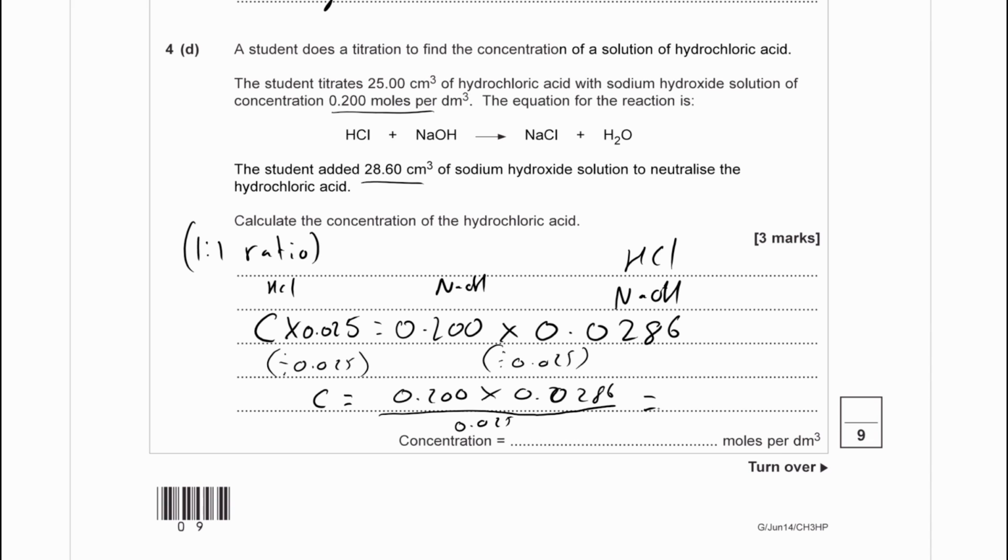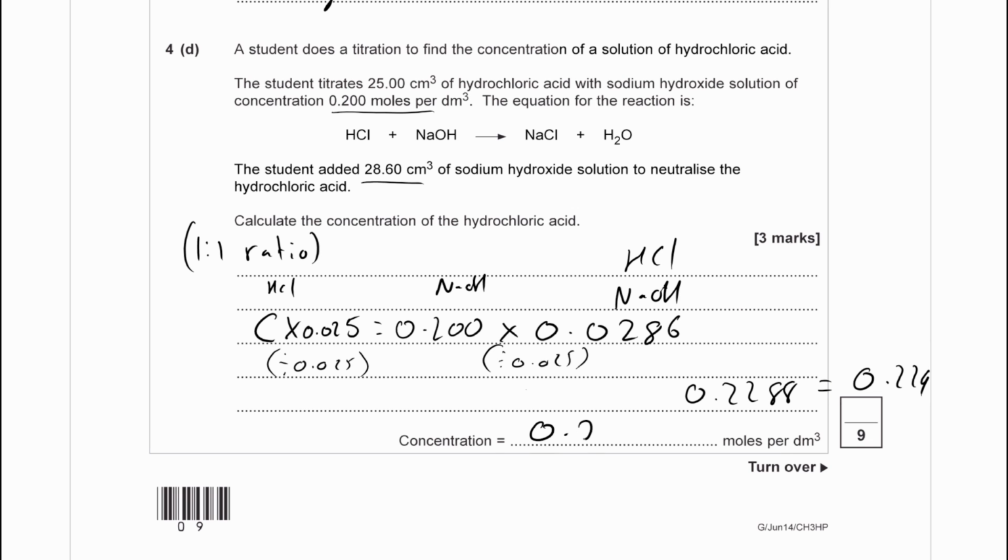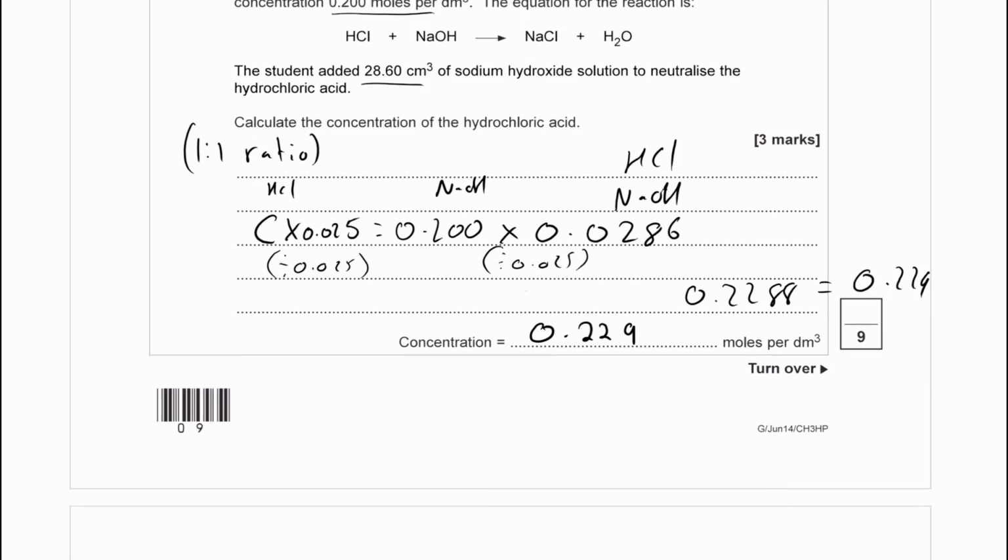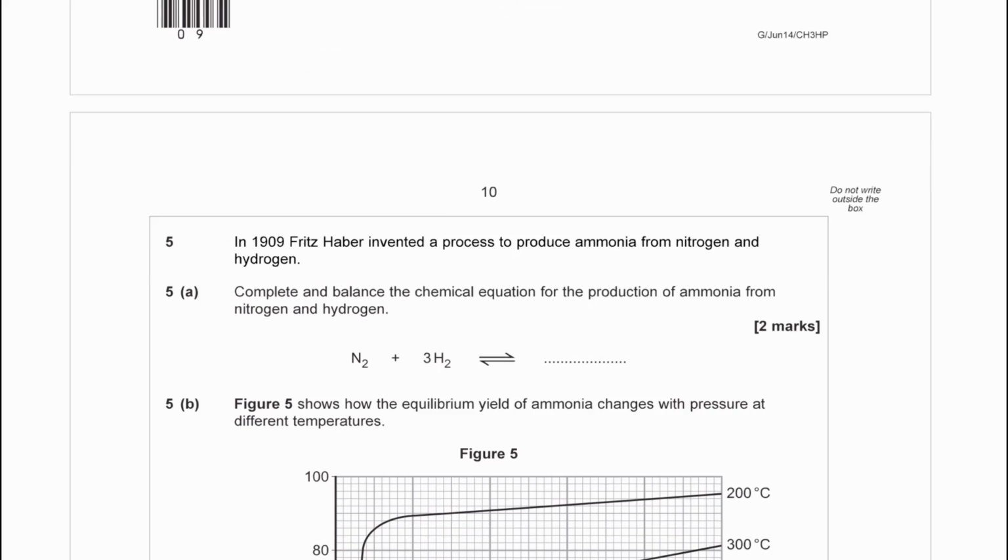That's going to give me an answer of 0.2288, or to three significant figures, 0.229. Alright, and so let's just rub this out so I can write my answer. My answer is 0.229. You could have said 0.23, you could have said 0.2288. That all just depends on how precise you want to be, but this is the correct answer. Alright, so let's move on.